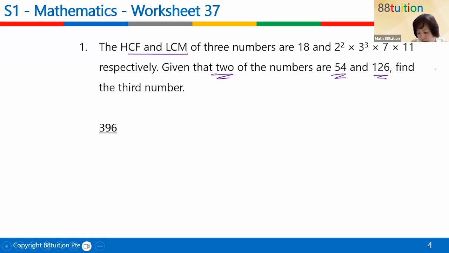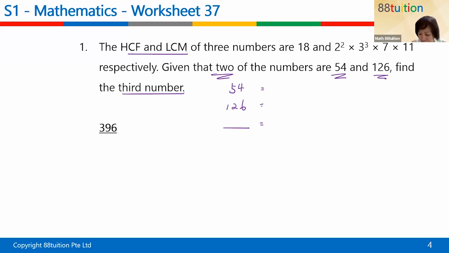So meaning to say the third number is unknown. All right. So usually what we need to do is to list down. So I have a 54, I have 126, and I have something as a third number here. So we will express them into, first thing, prime factors.